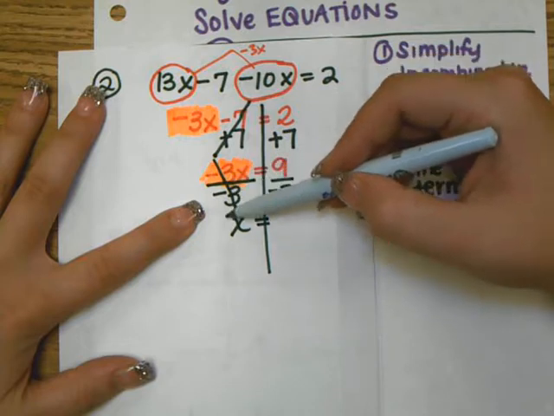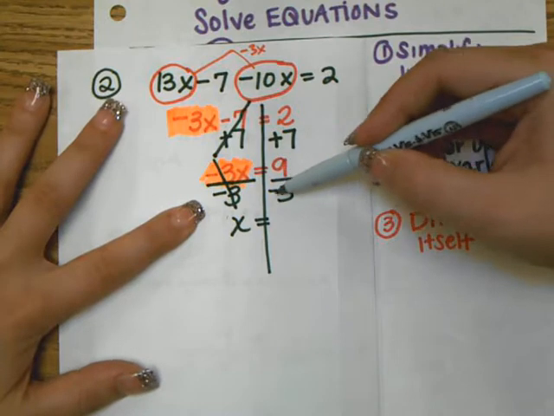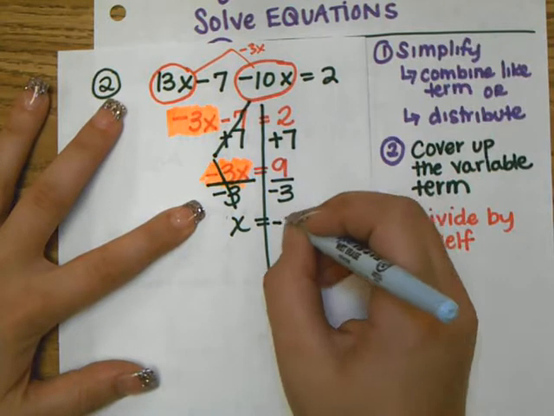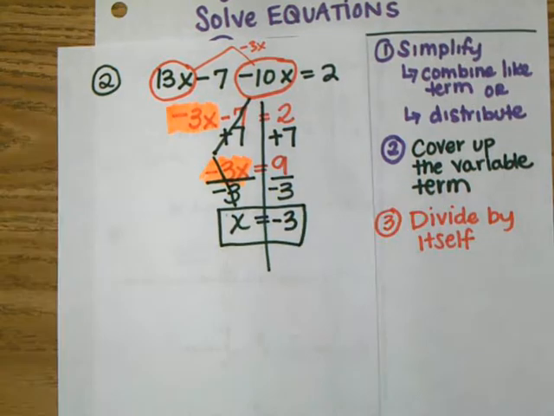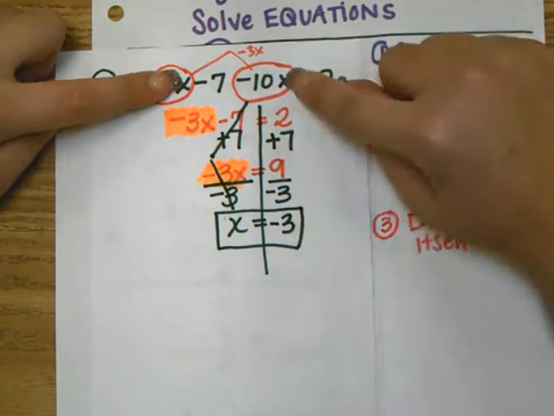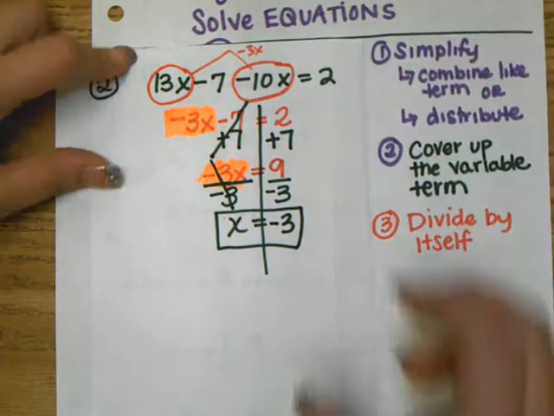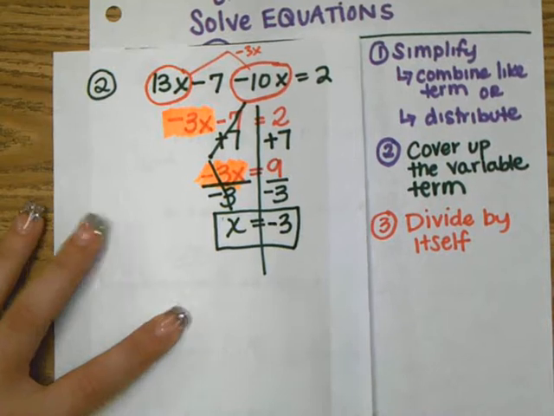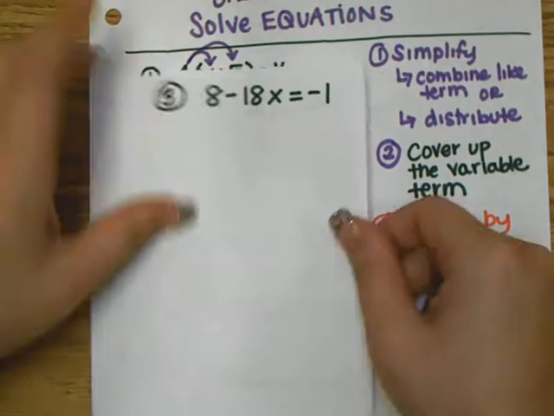The reason why we divided by negative 3 is because negative 3 divided by negative 3 is 1x. 9 divided by negative 3 is negative 3. And if you plug in a negative 3 here and simplify this, you will get 2 if you check it. Okay, let's go ahead and try one more example.